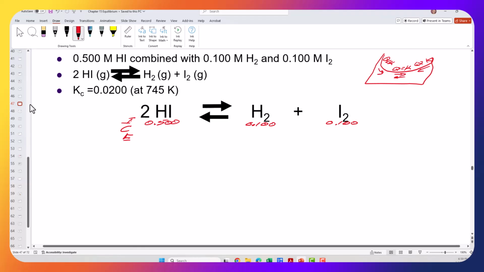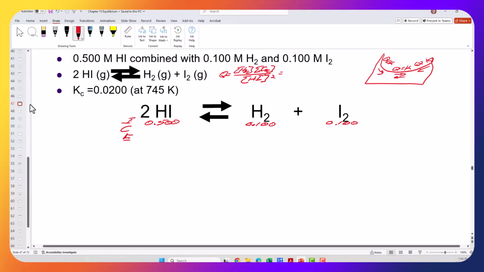So we need to calculate Q. The Q expression is the same as the equilibrium constant expression. This will be H2 times I2 divided by HI. And notice that HI has a coefficient of 2, so we have to square that.